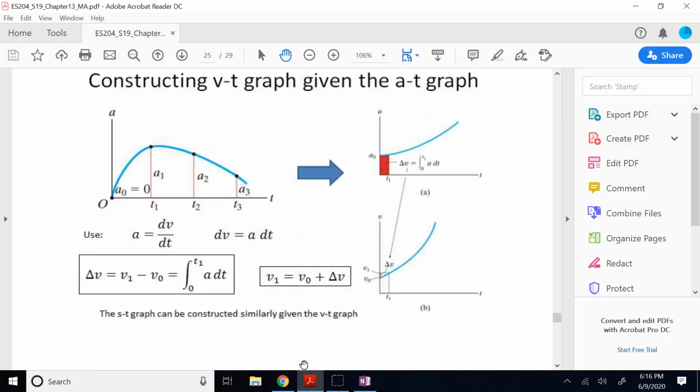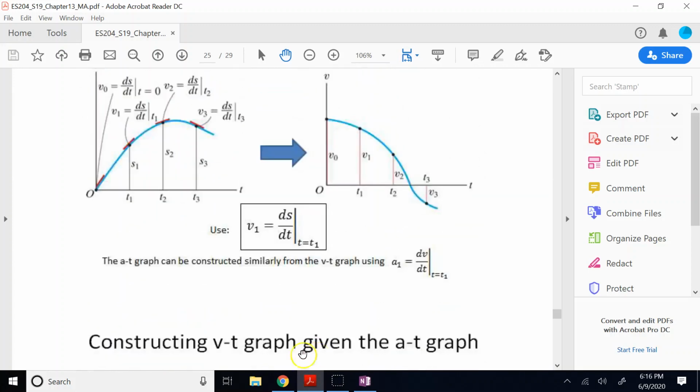Now, a similar thing we can apply to get acceleration from a v-t graph.